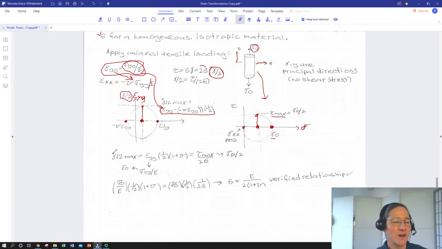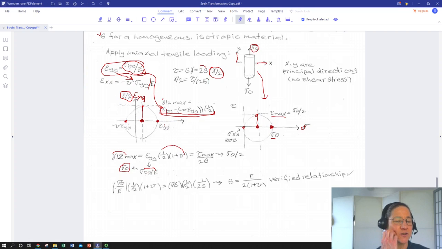So starting with our max shear strain up here, that was equal to this collection of terms. If we pull an EYY out, we can substitute in for EYY over our Young's modulus. In this case, EYY is our applied stress that we applied up here. And so we're left, out of here we got a 1 here, plus minus Poisson's divided by 2, so that's this part.